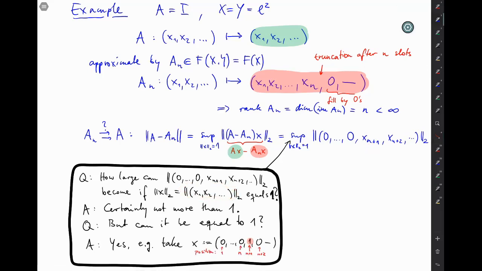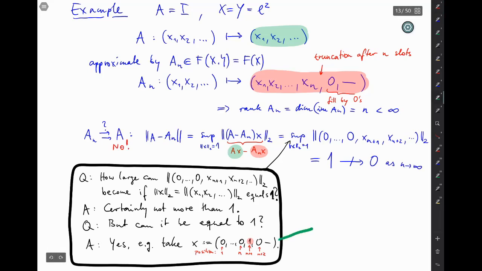Okay, but that little discussion here shows that the supremum must be equal to 1, obviously independent of the value n, which means that it does not go to 0 as n goes to infinity. So we can answer no here as predicted.